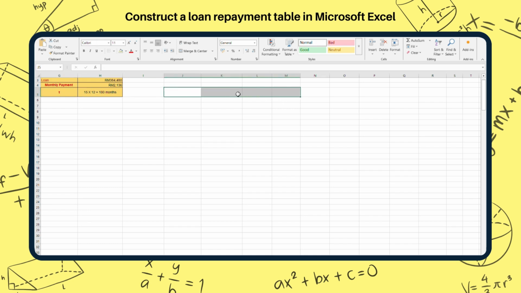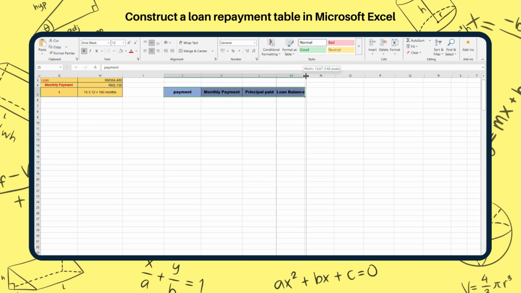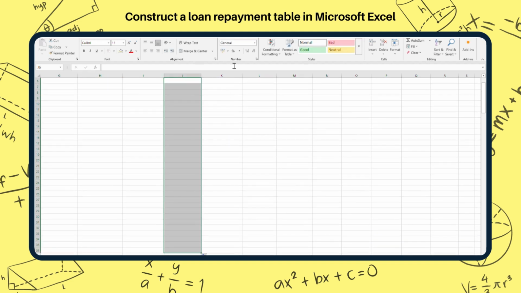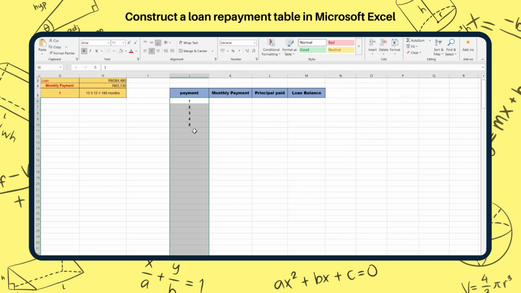We can break it up into four rows: first is payment, second is monthly payment, third is principal paid, and fourth is loan balance. The payments are already found, that is 180, the duration in months we are paying, which is until 15 years.